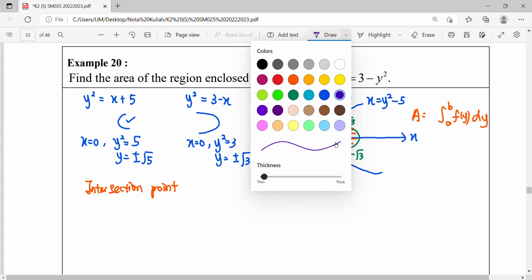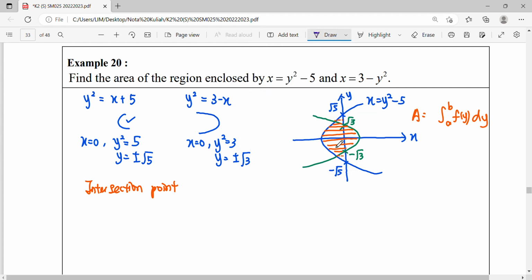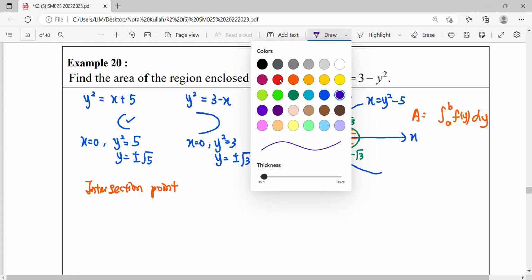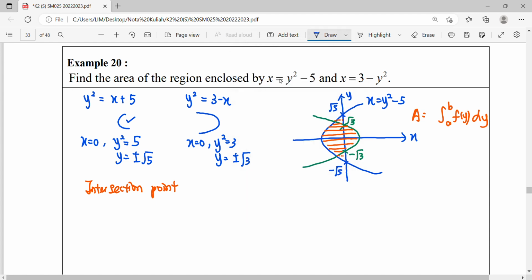Before we calculate the intersection points, let our functions be in terms of y. This question is already expressed in terms of y. This is x equals 3 minus y squared.